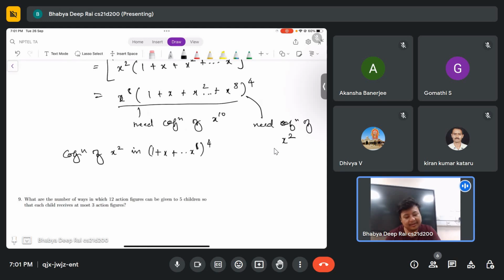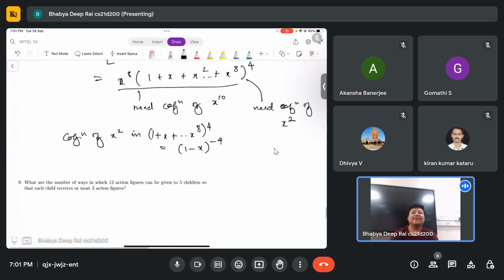So can someone calculate and tell? Because this is nothing but 1 minus x whole to the power minus 4. This is not exactly equal, but we are assuming it to be equal like before.